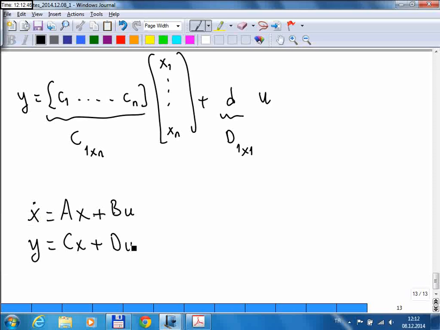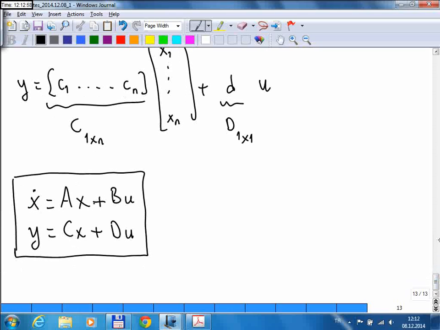Okay, so this is a vector first order linear differential equation.